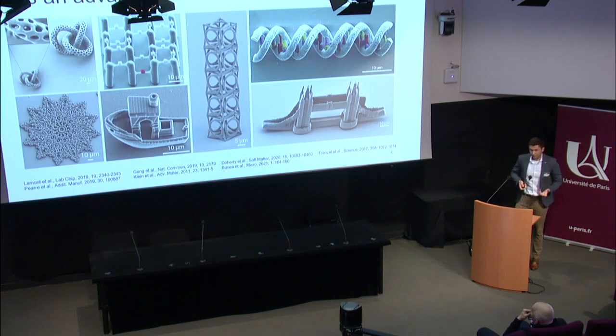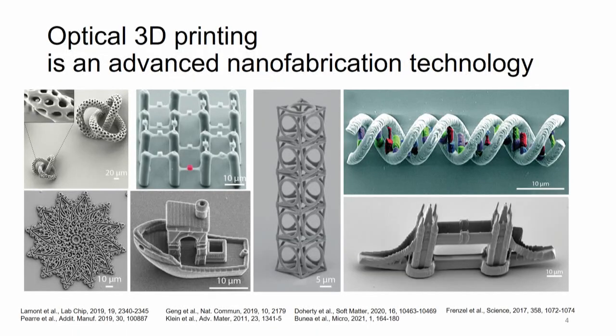All right, so what kind of technologies already exist for making things with these dimensions? So here I pulled a few examples of objects that are fabricated by commercial instruments, which are based on two-photon polymerization techniques. And here you can appreciate yourself the level of detail, the resolution, and the complexity of things you can fabricate.